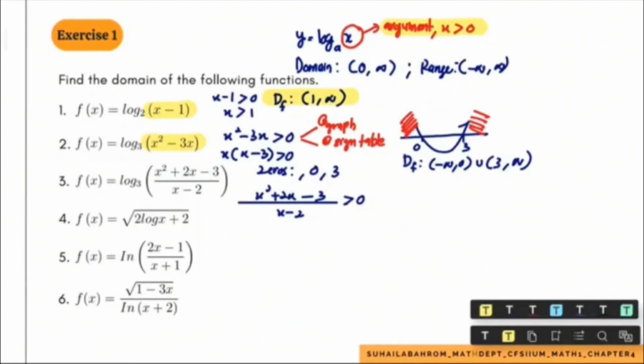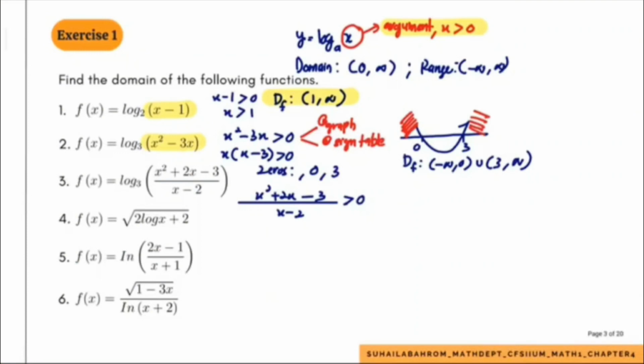We have to make sure everything is in complete factorization. The denominator is already completely factored, but the numerator we need to factorize completely. So we get x plus 3, x minus 1, divided by the denominator x minus 2, and this term must be greater than 0.